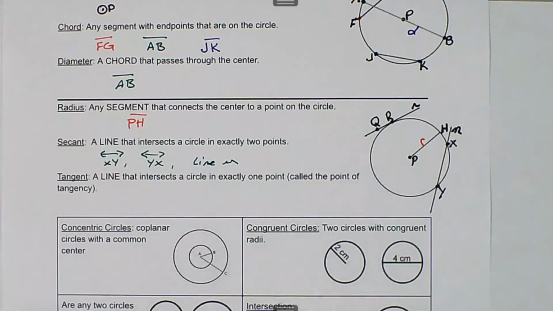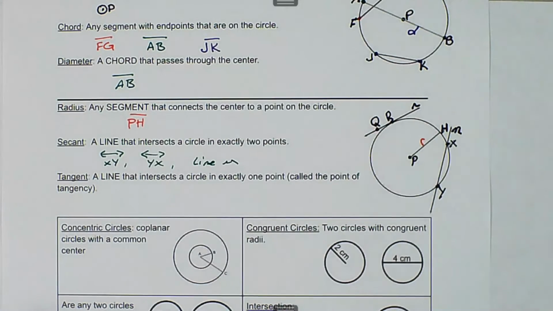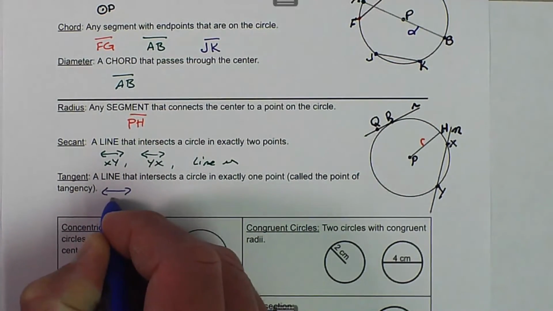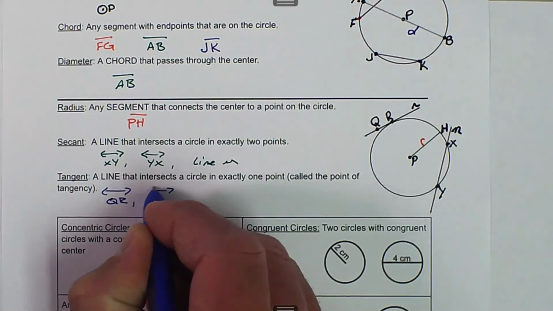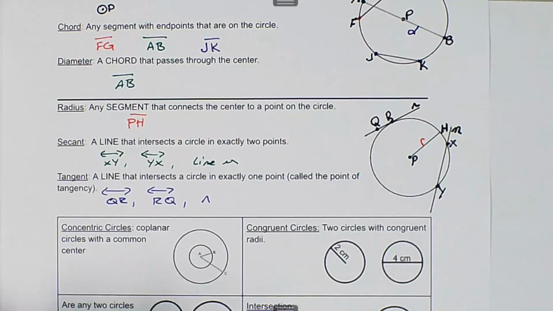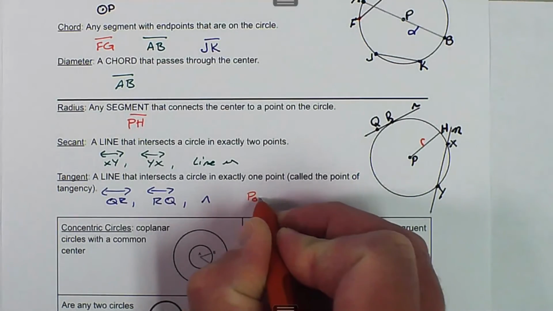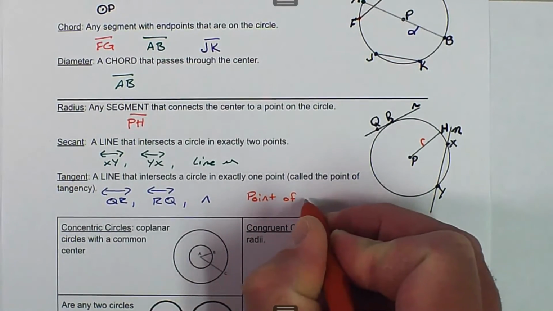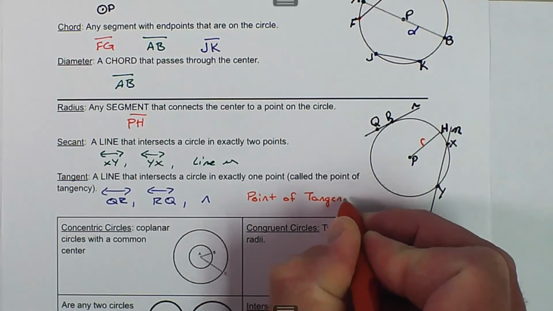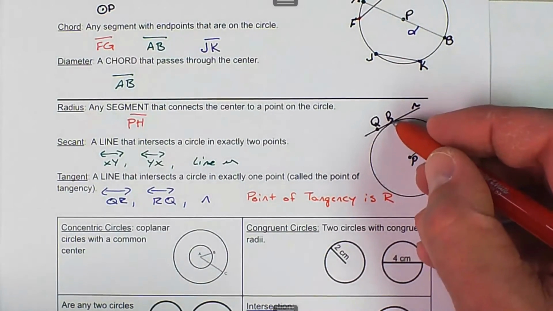So in this case, the tangent line could be line QR, line RQ, or line N. So we could call it line QR, line RQ, or we could also call it N. Now the point of tangency is point R. So that is the point of tangency right there.